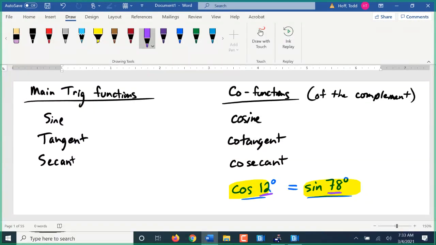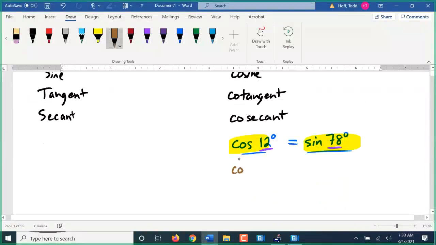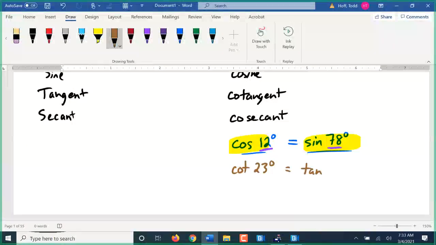Now, I use that example because we don't have a cotangent button on our calculator. But if we really wanted to, we could use that to find cotangent. If I ask you for the cotangent of 23 degrees, I do know that that's the tangent of what angle? 67. 67, there we go.